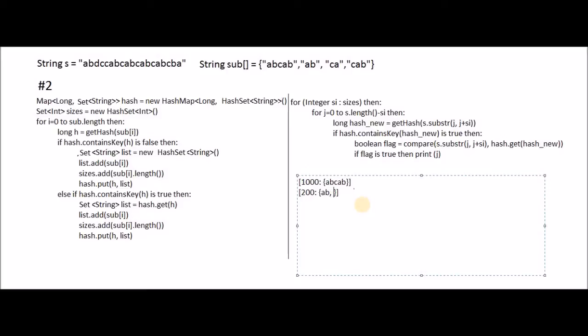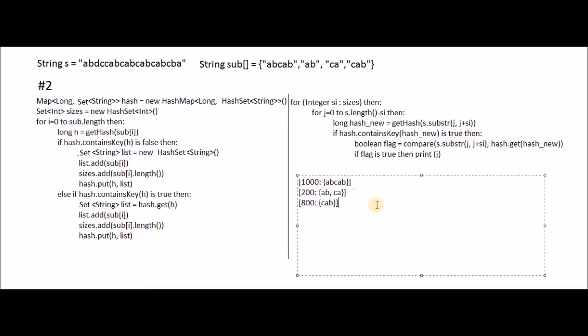Now we have AB and CA in the set, and we put this back under the 200 key in the hash map. The same thing occurs with CAB. Let's say CAB has a hash of 800, so that becomes the key for it. So this is our hash map, and you can see that instead of one iteration per substring as in the previous method, we now only have 3 iterations.